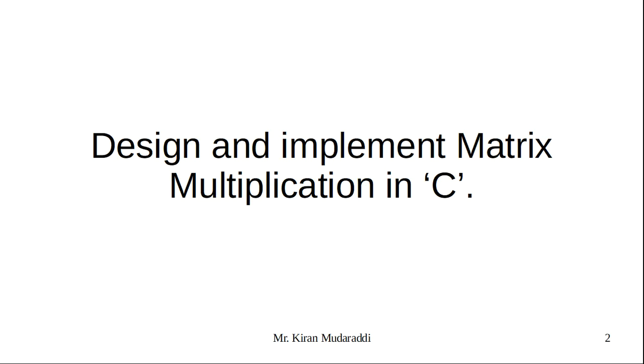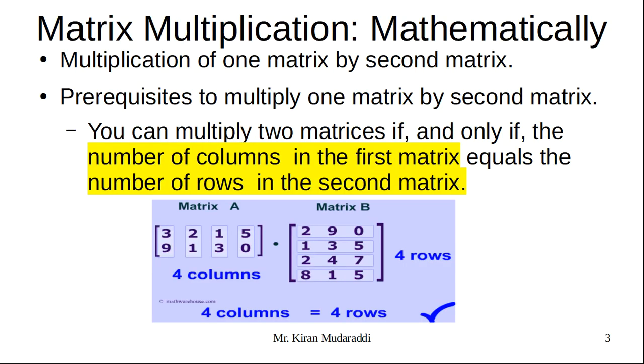Let us go ahead with what matrix multiplication is, and how it is done mathematically. Multiplication of one matrix by a second matrix is called matrix multiplication. It is not like 2 into 2 or 3 into 4, like number multiplication.